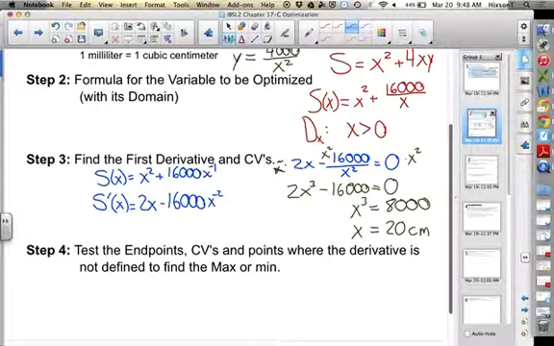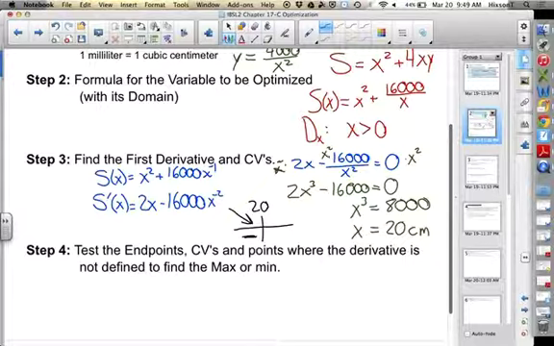Now, we can confirm that that is actually a min point by doing a quick sign diagram here. If I put 20 down, and I test something to the left of it, like 1, I can't test 0 because it's undefined at 0. But if I test 1, 2 times 1 is 2, minus 16,000 is a big negative number. So I know that we're decreasing on the left side because it's negative.